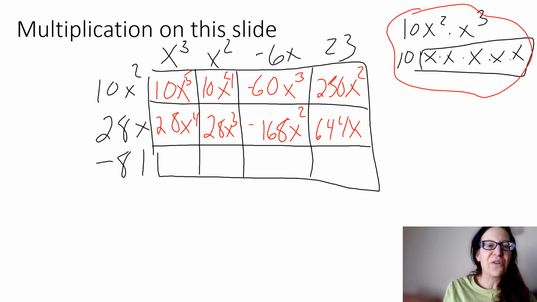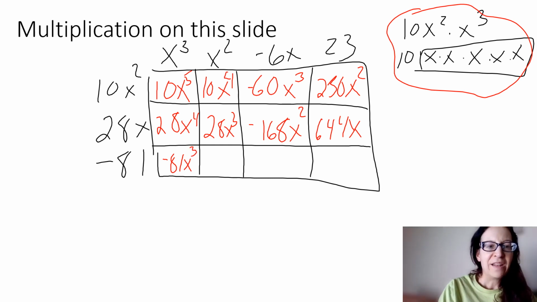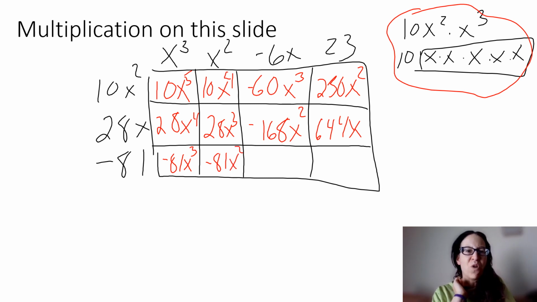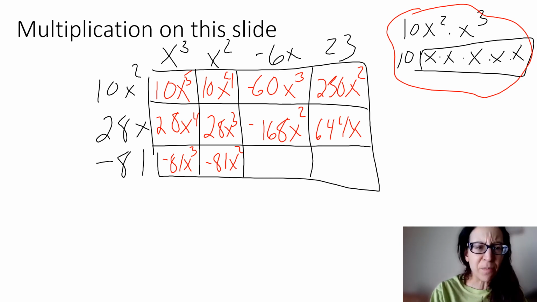All right, so negative 81 x to the 3rd times x to the 3rd is just negative 81 x to the 3rd. Negative 81 times x squared is negative 81 x squared. 81 times 6 is 80 times 6 plus 1 times 6, so 486. 81 times 6, 486 on a roll.